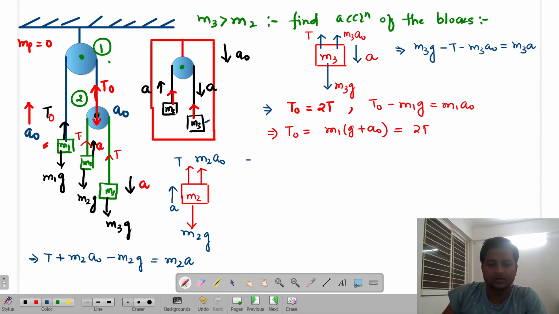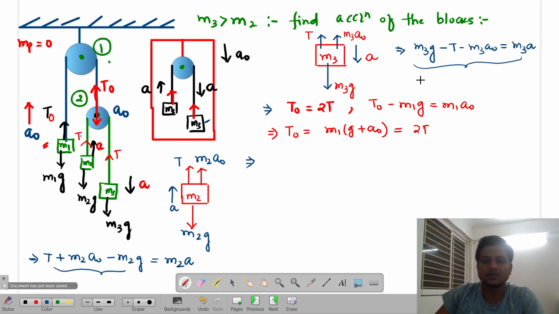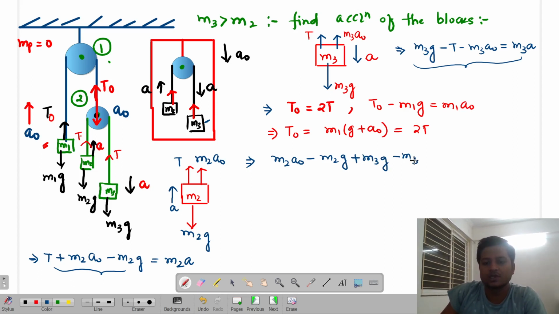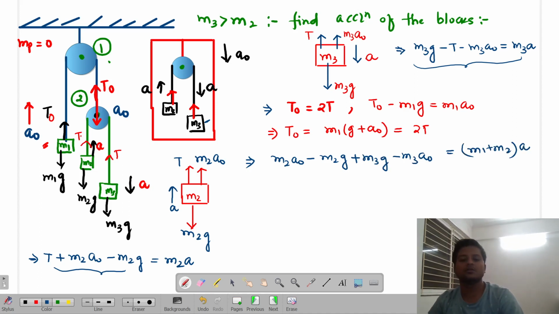And when I establish it, look over these two equations. What you will be left with is m2 a naught minus m2g plus m3g minus m3 a naught. This becomes a little bit huge, but no problem. And that is m1 plus m2 into acceleration a, adding those two equations.